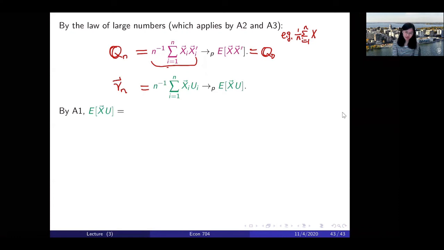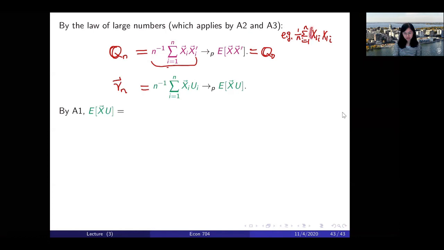We can consider the second diagonal element, which is x1i times x1i. Because the x1i's are independent and identically distributed, x1i times x1i is also independent and identically distributed across i.